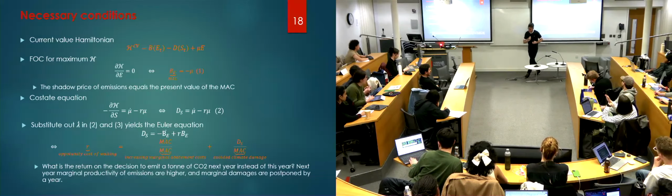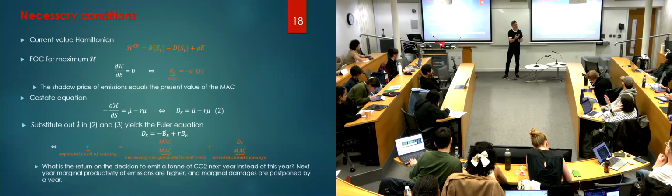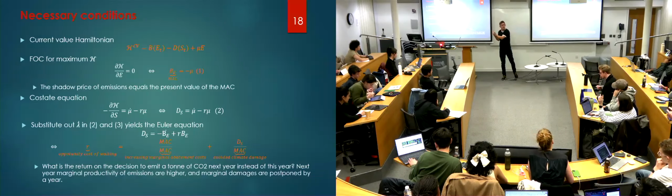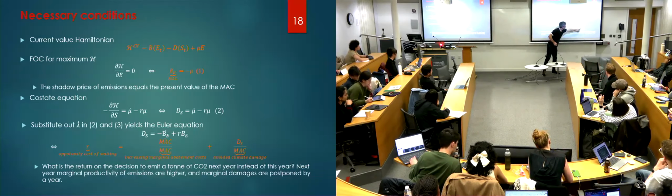If I postpone by 1 year, today I get the marginal damage from that extra heating. There is 1 ton, and in 2 years it's the same, so the temperature is back to the normal path. But if I postpone 1 ton and abate it next year rather than today, today is hotter. And so that is your marginal damage divided by the marginal abatement cost to make it a return.